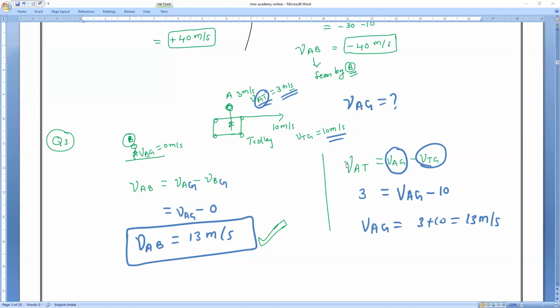If you want to find your velocity with respect to ground, then we have to find the velocity of a person with respect to bus, and the bus velocity with respect to ground. So the formula for the velocity of a person with respect to bus is equal to velocity of a person with respect to ground minus velocity of a bus with respect to ground.